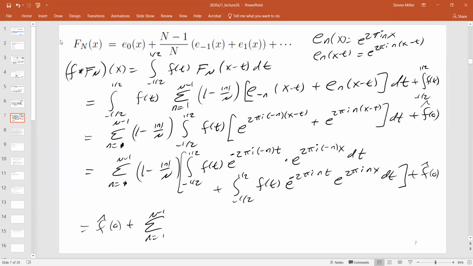Let's look at what we have. For the first term, we have f of t e to the negative 2 pi i negative n t. What is that first integral equal? The e to the 2 pi i negative n x just comes out of the integral because that doesn't depend on t. What is that first integral equal?